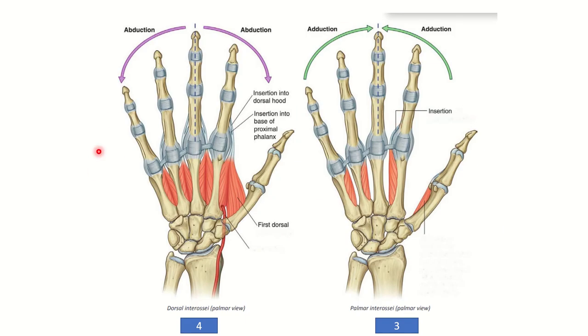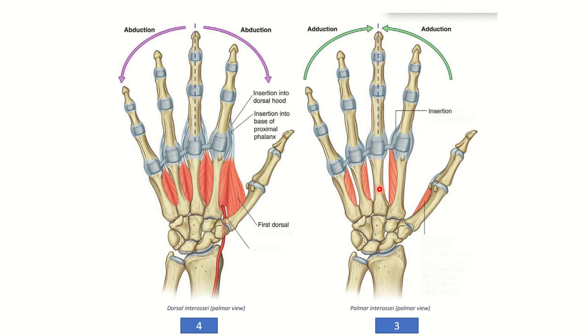So here we can see two pictures. In the first picture we can see the dorsal interossei, 1, 2, 3, 4. So the dorsal interossei are 4 in number. Here we can see the palmar interossei, but they are not present in the middle finger.